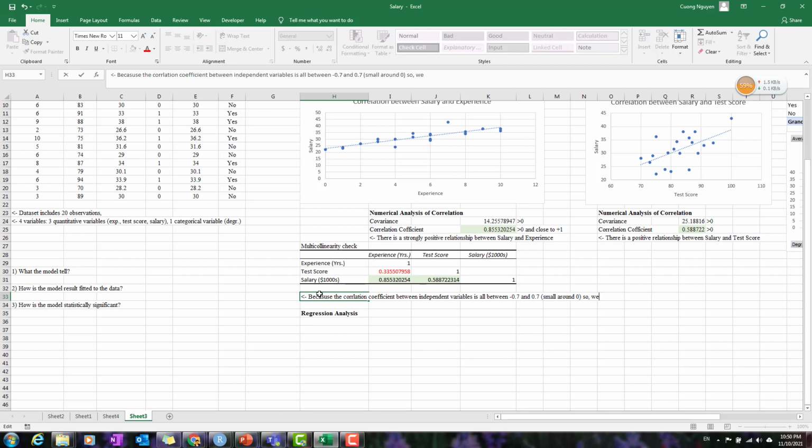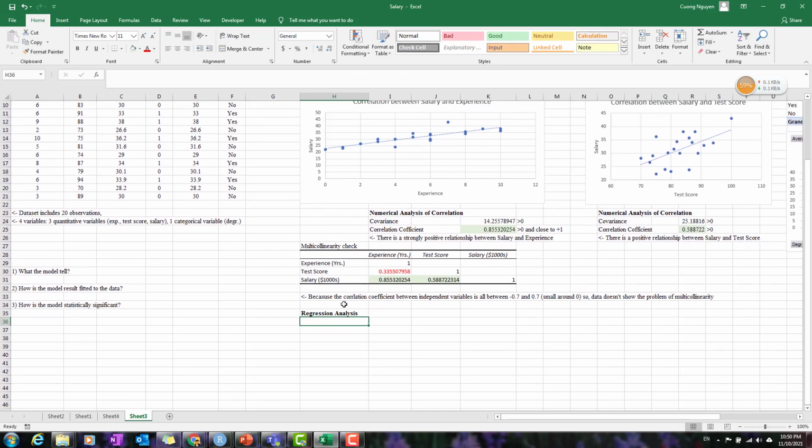So the data doesn't have the problem of multicollinearity. Okay, that should be the point.